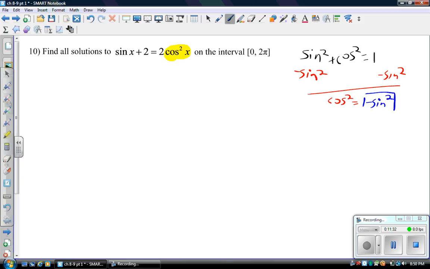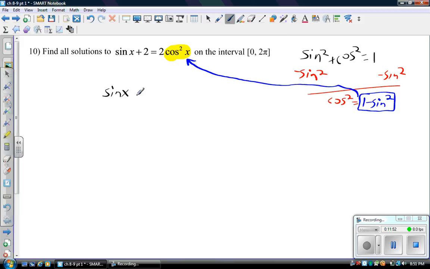Now I can substitute that for cosine squared. They're equivalent. That'll be very similar to what it is on the test. I don't remember if it's a sine squared or a cosine squared, but there's going to be something you'll want to substitute in for. Okay, so now I can rewrite the equation.